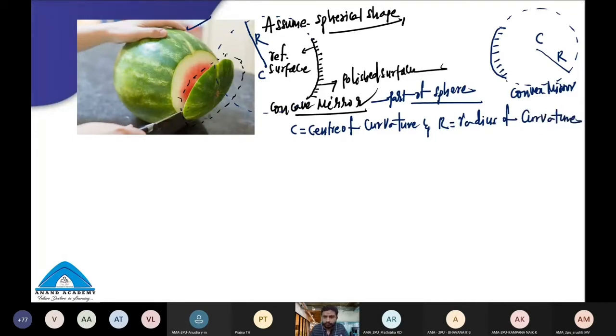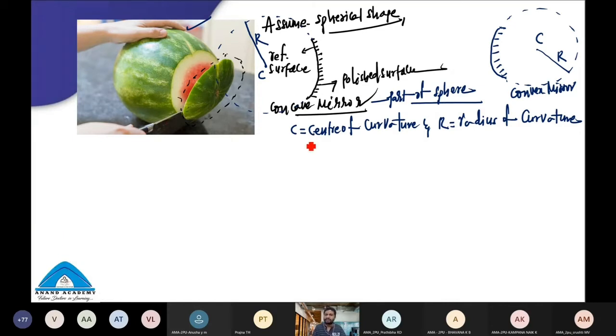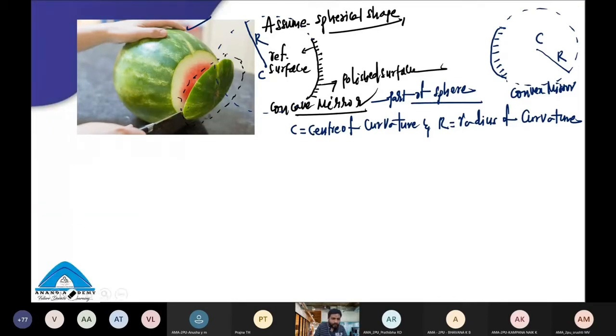Okay, students. Now, one more point I would like to explain here. Observe carefully. This point is very important for the image formation. What we are going to discuss right now is very important for the image formation by spherical mirrors, whatever it may be, convex mirror image formations or concave mirror image formations.